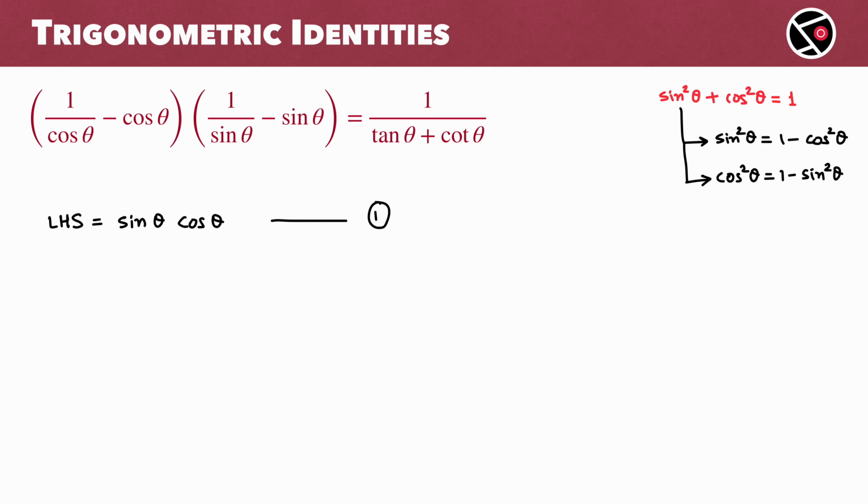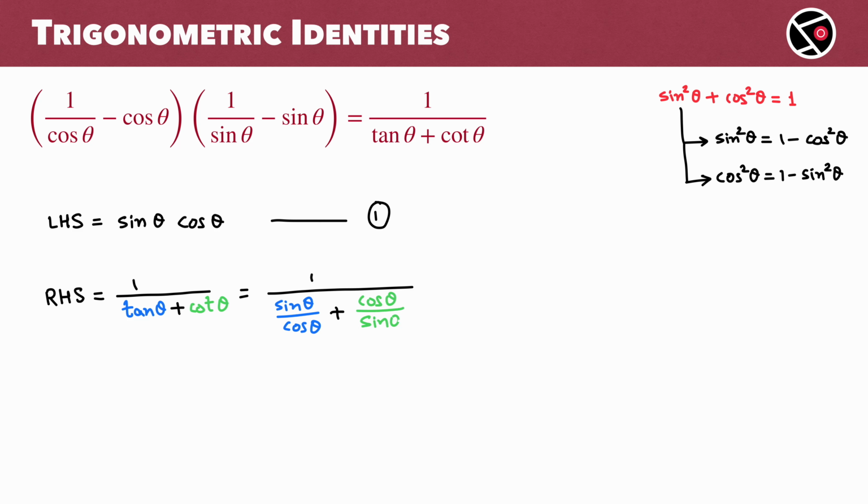Now we move to the right hand side, which is 1 over tan θ plus cot θ. Tan is sin by cos and cot is cos by sin. So our right hand side becomes 1 over sin θ by cos θ plus cos θ by sin θ.